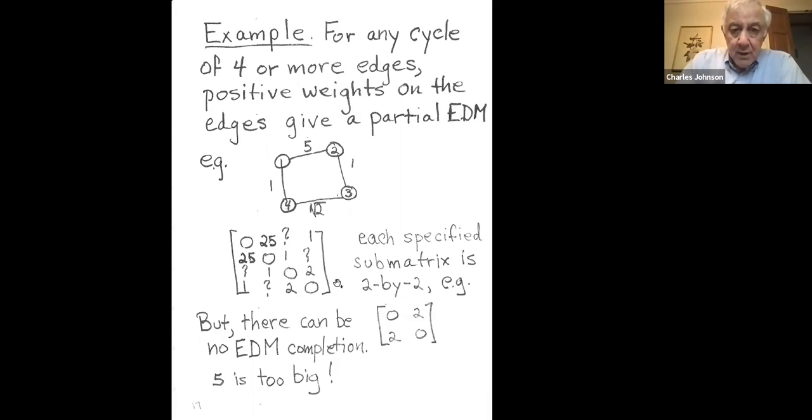And I could do the same thing with other cycles. There's an obvious inequality that has to be satisfied, and I'll talk a little more about it in a bit. When I look at the largest distance that I want to put on an edge of a cycle, it had better be no more than the sum of the other distances. Otherwise, there's no possibility. It's sort of the generalization of the triangle inequality, if you will.